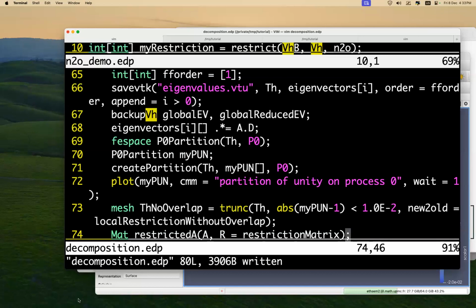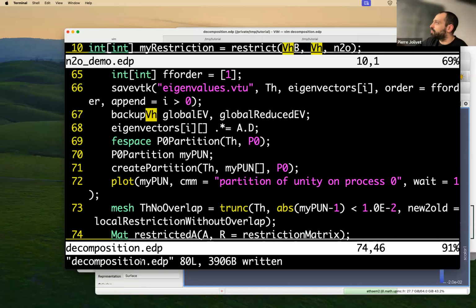It's the partition of unity associated to the finite element space used to define the matrix. It's a little bit of a mouthful, but it has in fact no relationship with the coefficient matrix A, but instead the finite element space, the distributed finite element space of A. Okay, thank you. You're welcome.